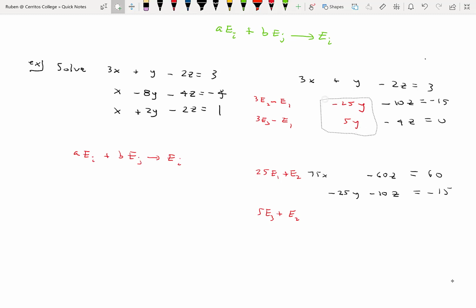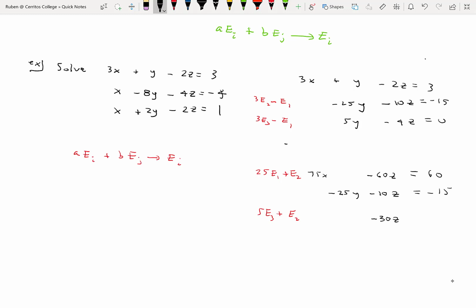Okay, so let's do that. If I do that, I'm going to have 5 times y is 5y, plus negative 25y is 0, so that's nice. And I'm going to get negative 30z.